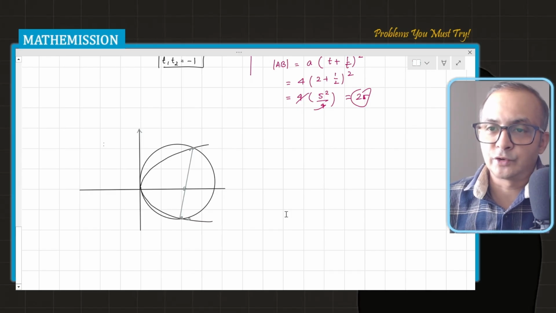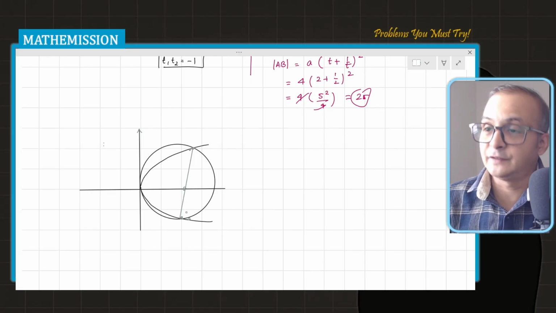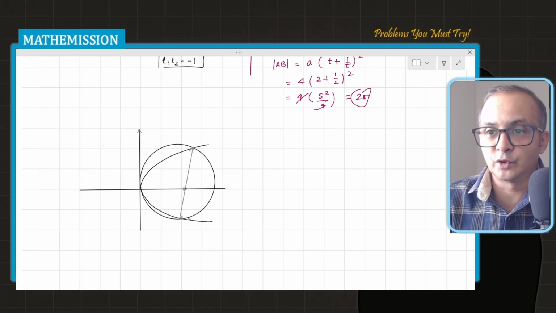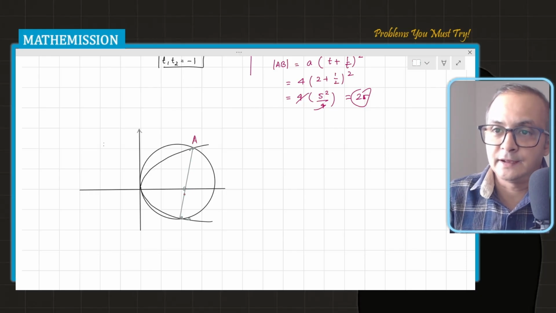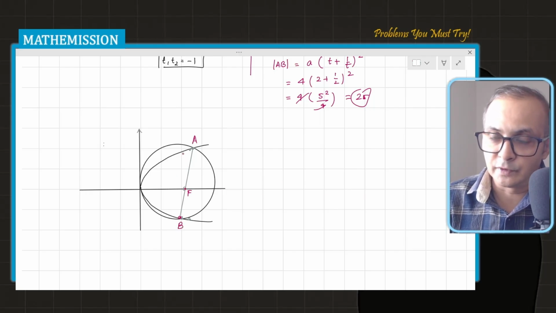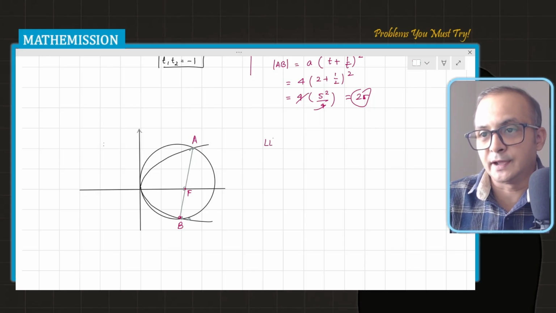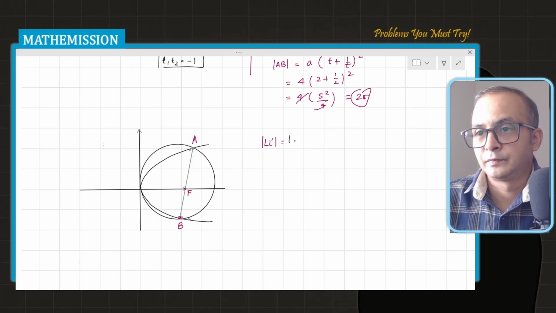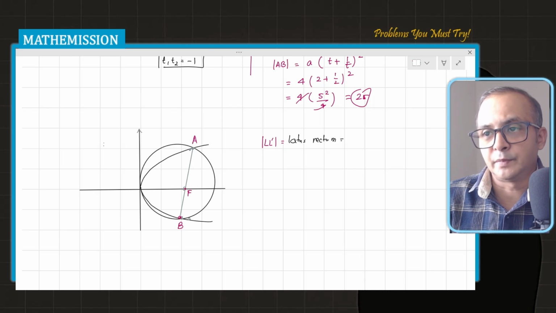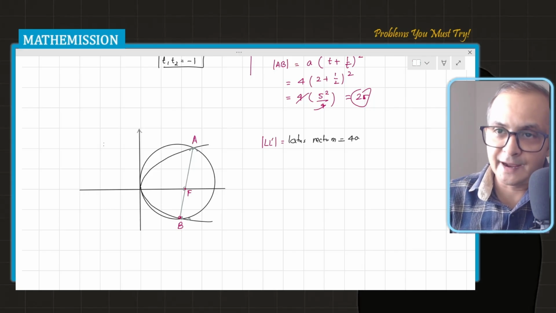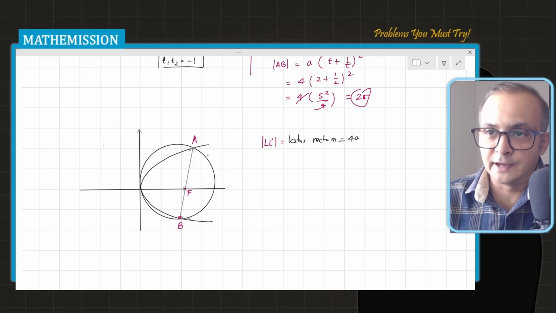You know this one story about the focal chord, one very, very famous property of the focal chord. Suppose I'm taking this as A, this as focus, and this as B. If I take the latus rectum of the parabola, LL dash, the latus rectum of the parabola is 4a, and there's a very unique property which connects the lengths AF, BF, and the latus rectum.